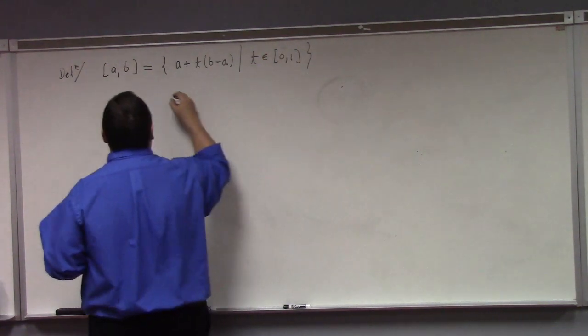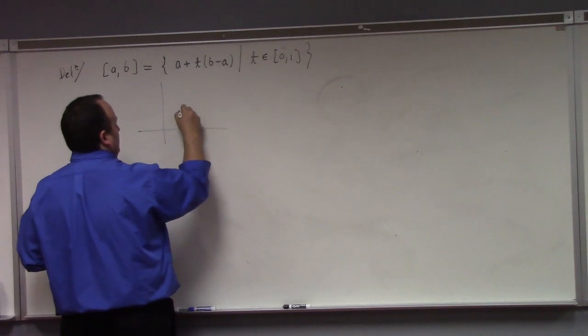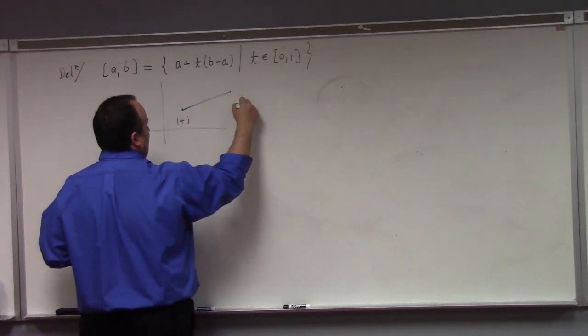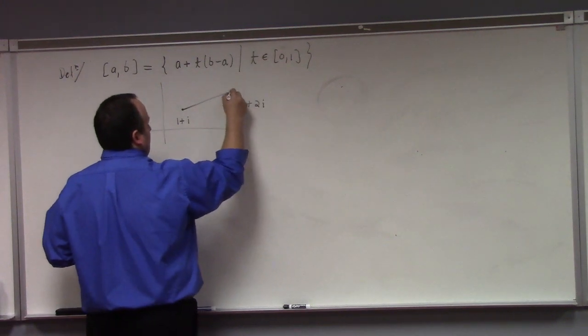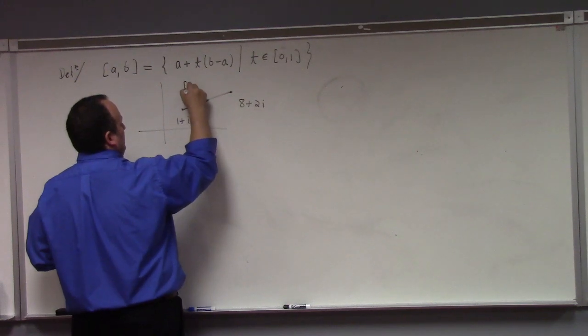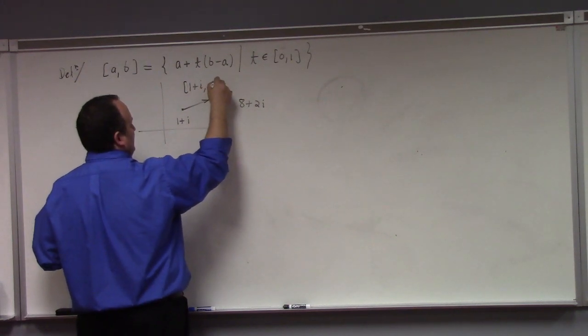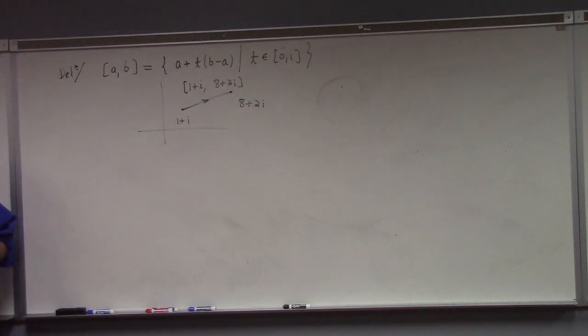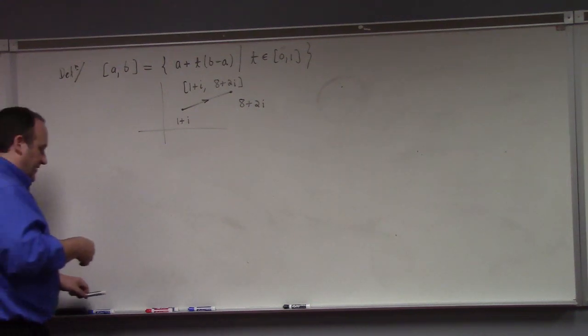So this right here, my friends, if this was 1 plus i, and over here you had, I don't know, 8 plus 2i, this directed line segment would be [1 plus i, 8 plus 2i]. It's that set of points in the complex plane, right? So that's pretty neat. It's a nice notation.